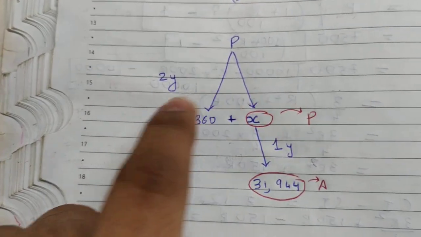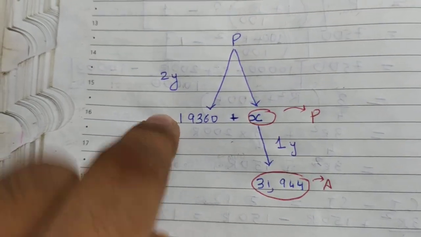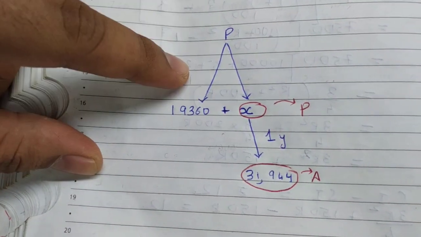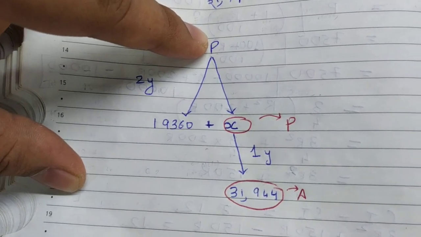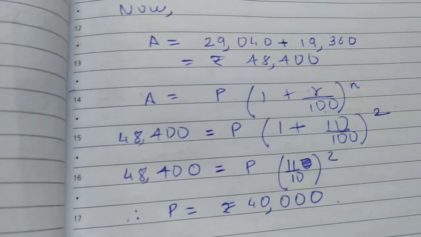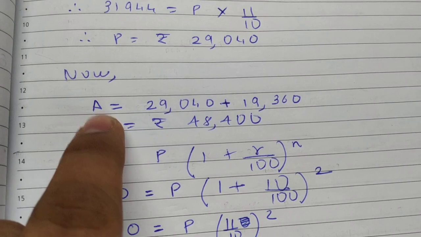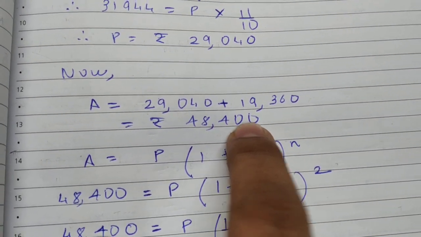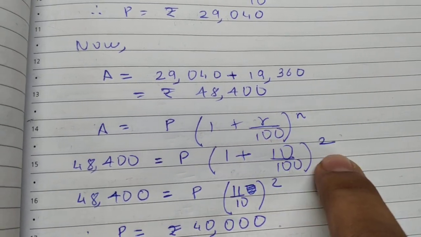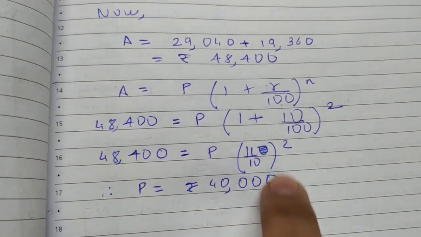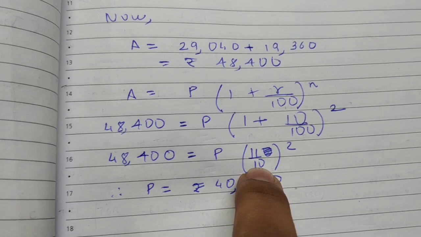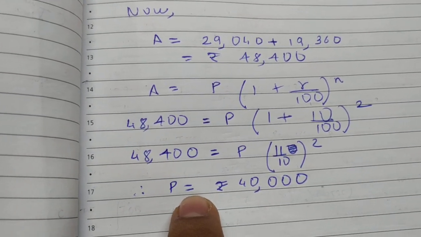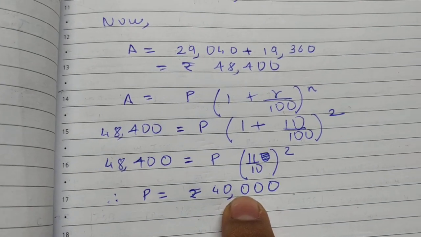So using that as the amount and P as the original principal with the time of 2 years, let's find the actual value of P. So here we consider the amount after 2 years as 48,400, and using the formula and time as 2 years with the same rate, we calculate: 10 square goes up, 11 square goes down, and we get the value of the original principal as 40,000.